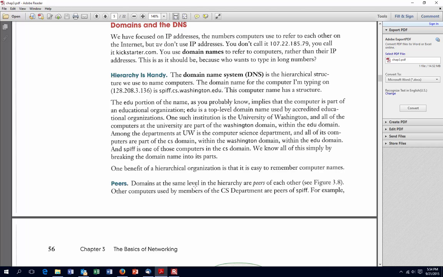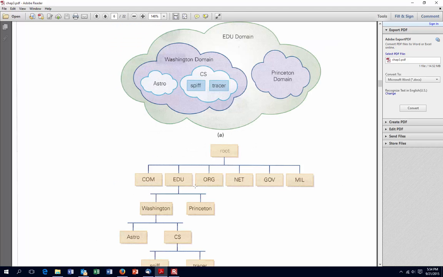In the beginning, there were only 7 of those. Those were like .edu, .mil for military, .com for commercial, .gov for government, .net, and there was a couple of other ones. Those have since expanded. There are quite a few more of those these days.